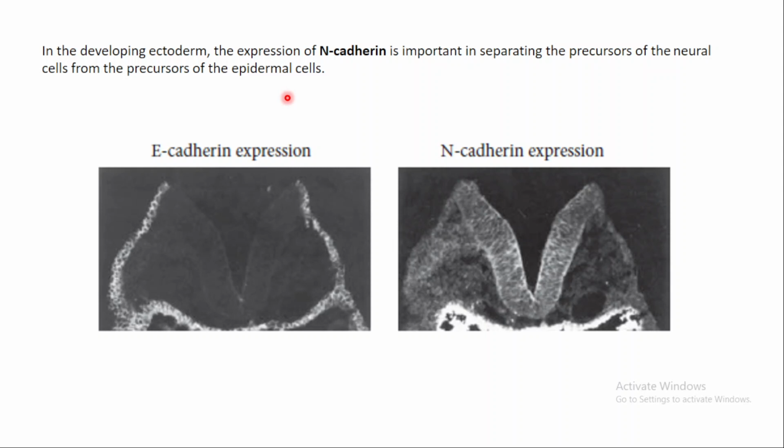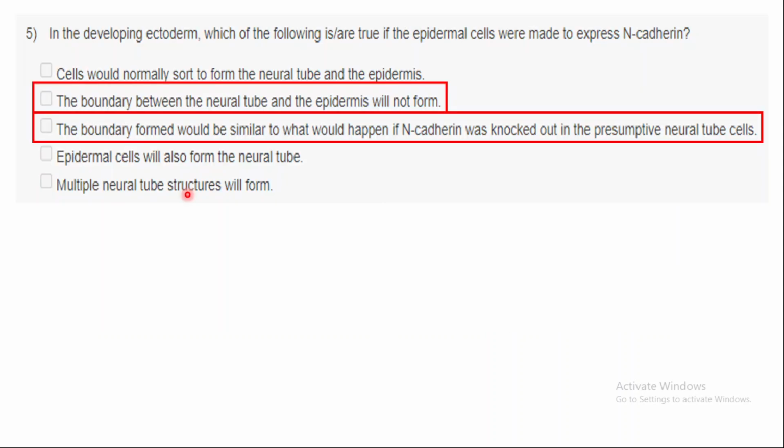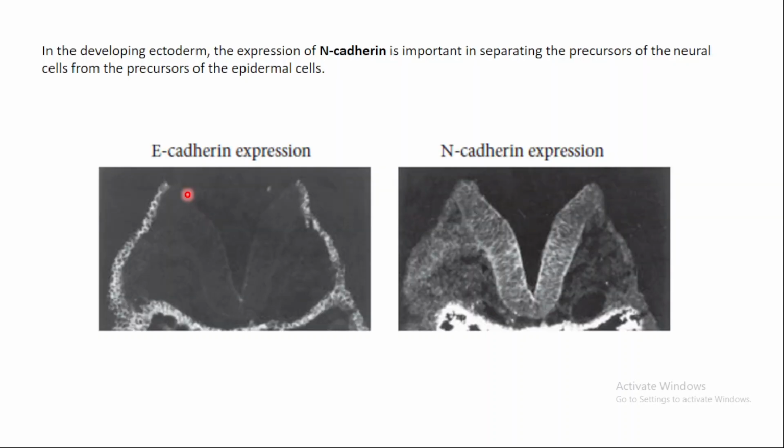But when the neural tube starts forming, or the neural patterning starts, all those cells which are going to give rise to neural structures will express N-cadherin. That's how there will be a differentiation between the epidermal structures and the neural structures. So what would happen if E-cadherin cells were forcefully made to express N-cadherin?